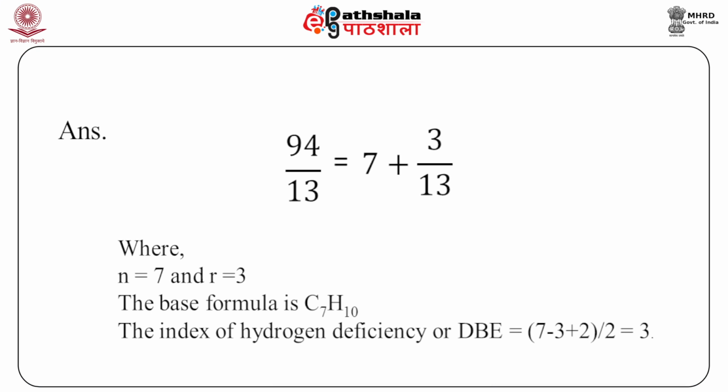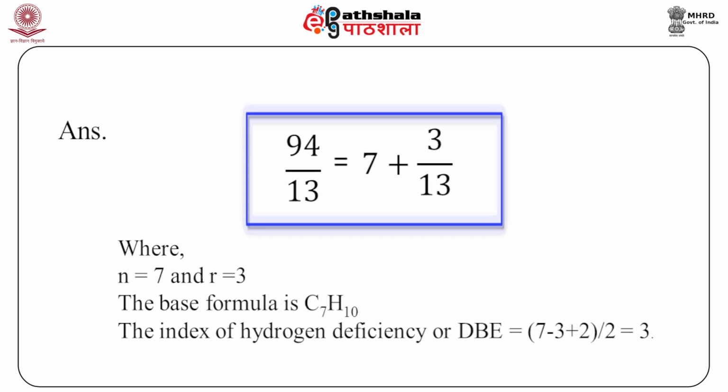Now in order to understand this rule, let us consider this problem. Let us calculate the molecular formula of a compound with a molecular mass of 94 AMU, that is atomic mass units. You know that the molecular mass of this compound is 94. When you put it in the formula for the rule of 13, 94 divided by 13 is equal to 7 plus 3/13.